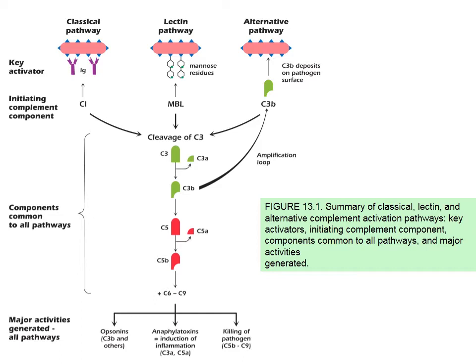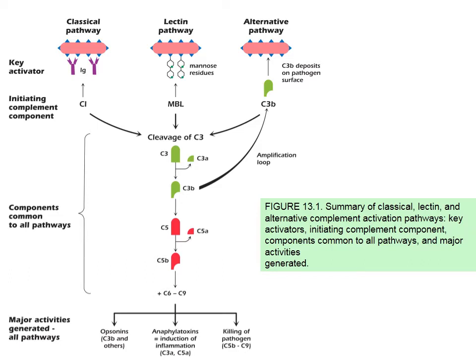So what I would want you to know, especially in this chart, is how complement pathways are activated, and what it is that they converge upon. Since there are 30 different plasma proteins, we just concentrate on the major one.